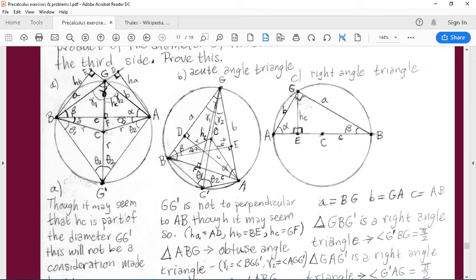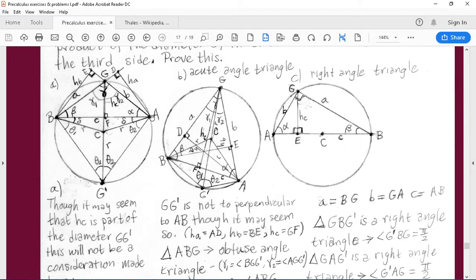They are both isosceles, and sides BC and CG prime and CA are also equal, which means that angles CBG prime and CG prime B are both equal, so they are both equal to theta 1, and angles CAG prime and CG prime A are also equal, and they are equal to theta 2.